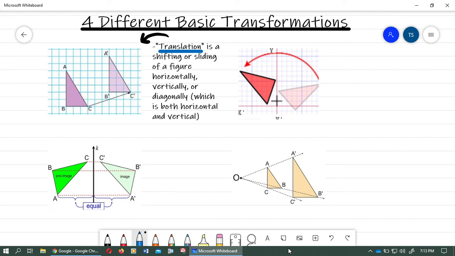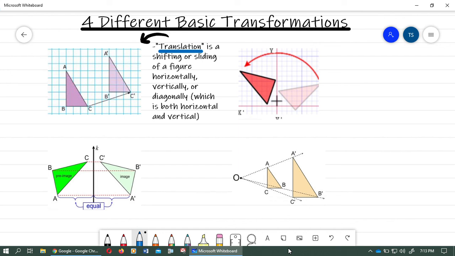So again, guys, this is a rotation, and it's a spin or turning of a figure. And that spinning or turning of this figure is usually around or about a fixed point. So a rotation, that's the formal name for it.